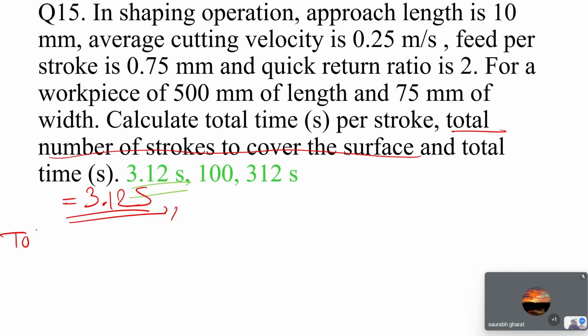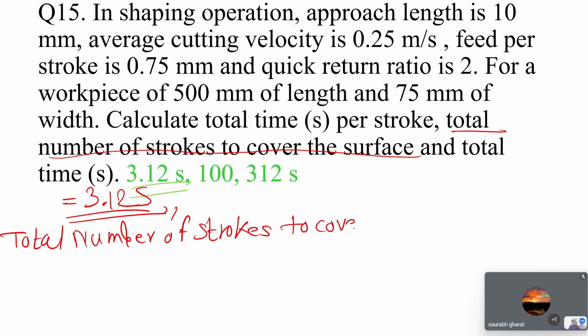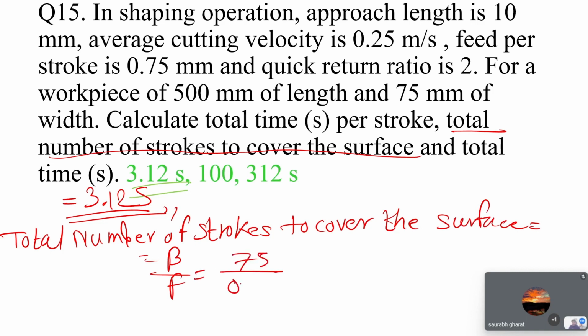So what is this? Total number of strokes to cover the surface. What will it be? Formula is B by F. So you have the B, this 75 divided by F 0.75 will be 100.